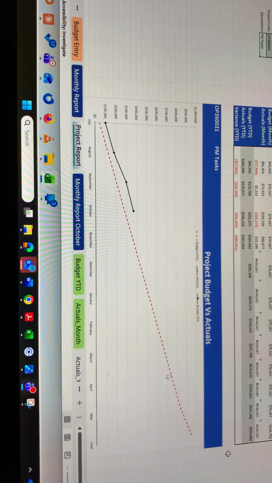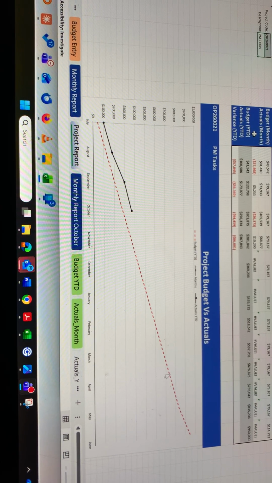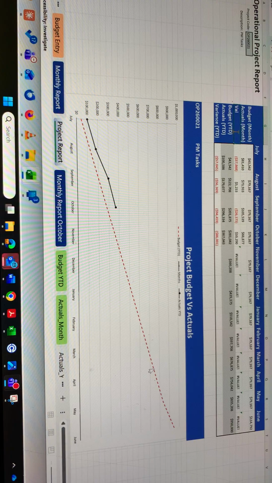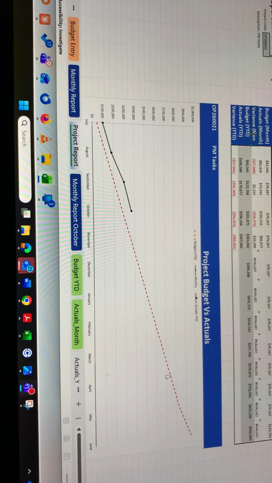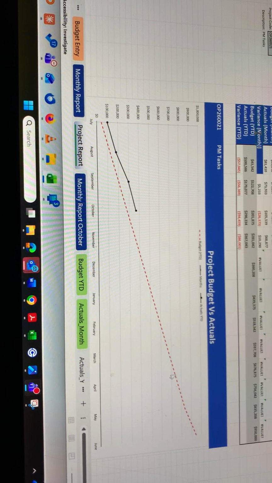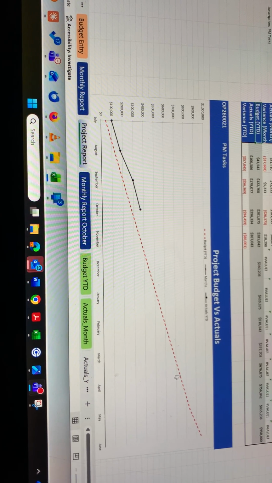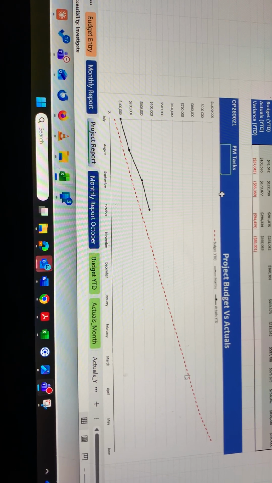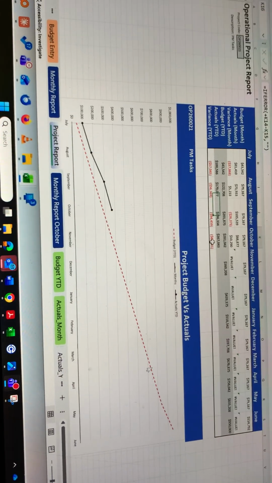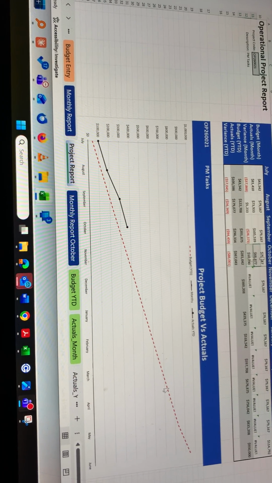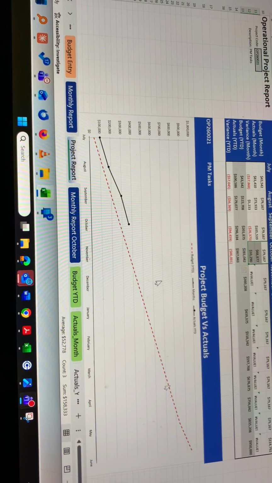PM tasks. Yeah, that seemed to settle down a bit last month. We seem to be back on some sort of track for that month anyway. Still a bit overspent.